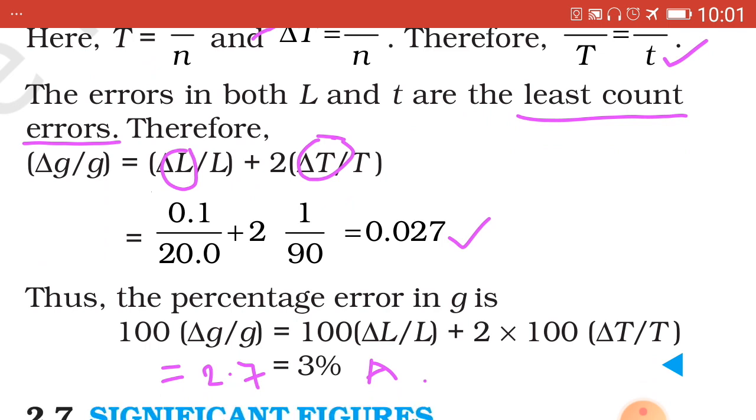The previous step can be written directly like this, or you have to multiply LHS and RHS, all the terms, by 100. So this will be equal to 2.7, which is the exact answer, which on rounding up is equal to 3% as the final answer.